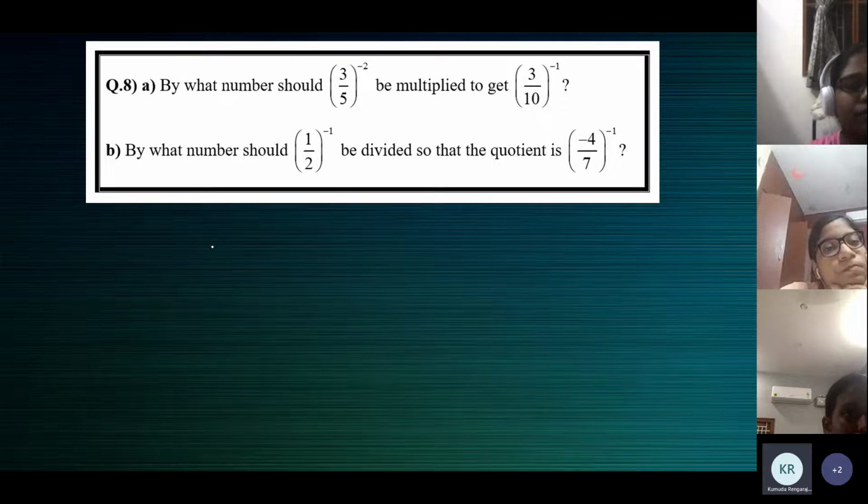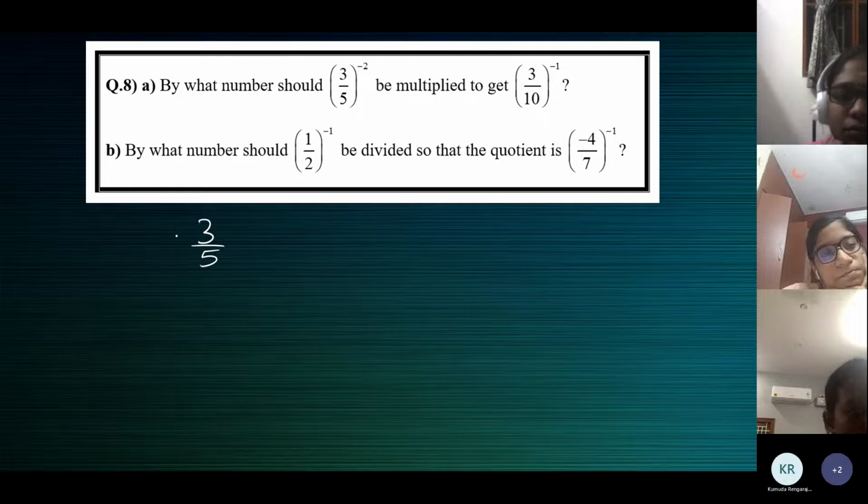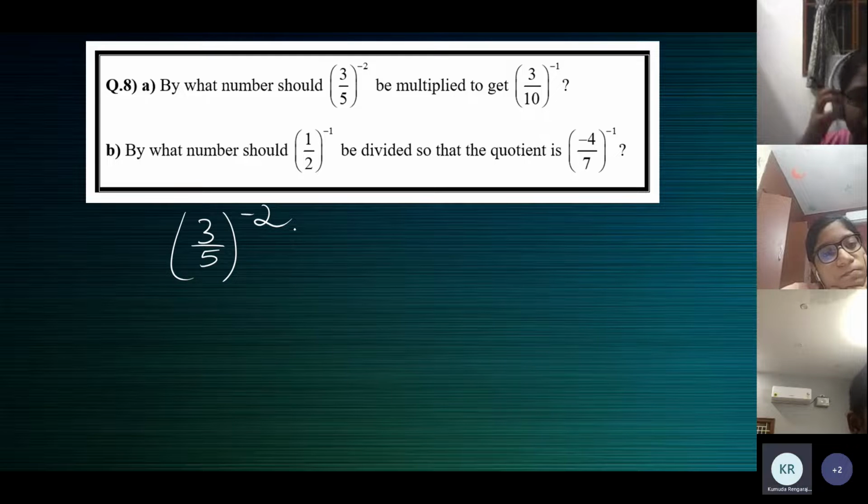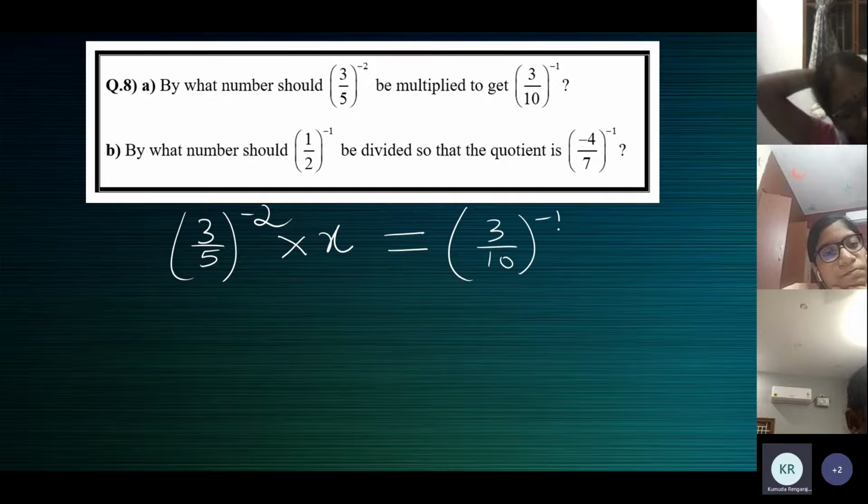Let that number be x. By what number should (3/5)^-2 be multiplied so that the answer is (3/10)^-1?